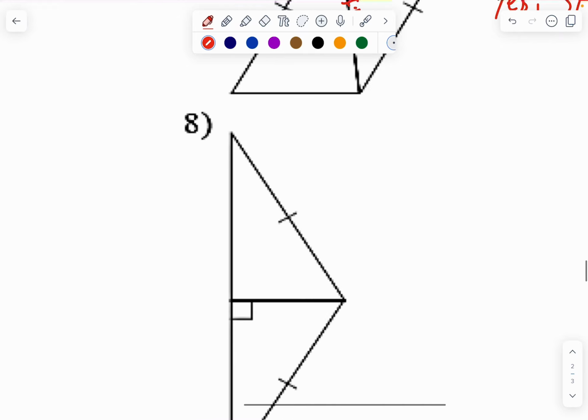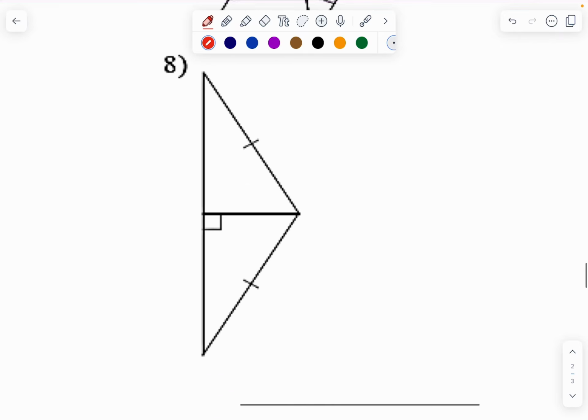And then finally on the notes right over here, number 8. This is a right angle. And if it's a straight line, we'll assume that's a right angle right over there. So that's 90. This will also be 90. We got this right over here that's marked across from the right angle, and a shared side right over there.